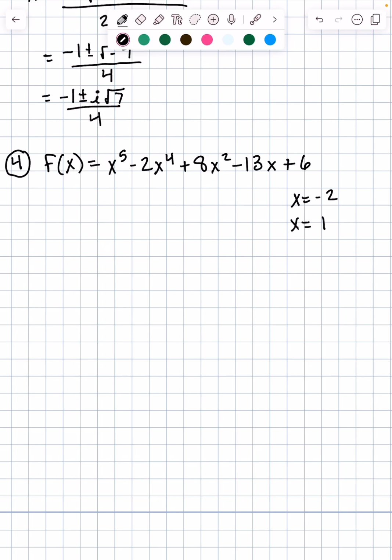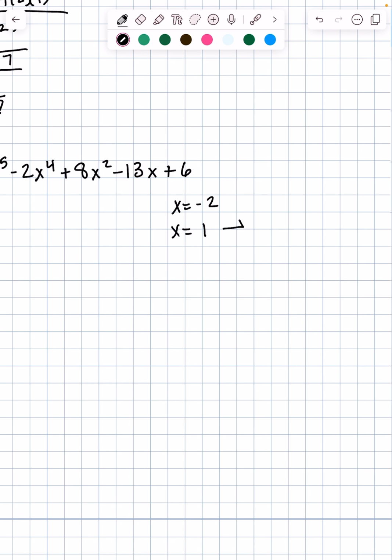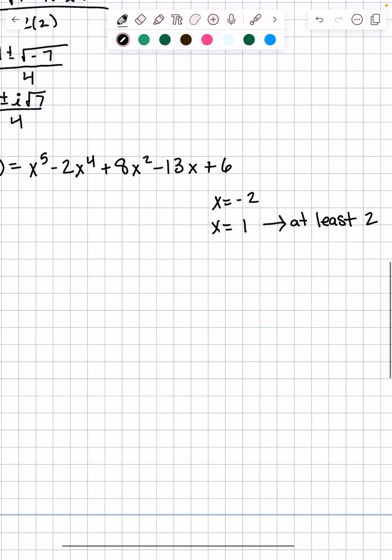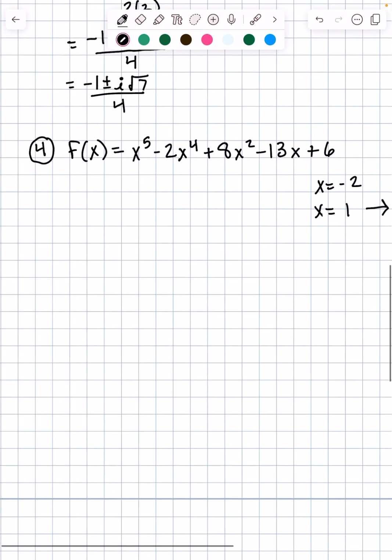Let's make a little note here. We don't know this yet, how many, but at least twice. Could be 4, could be 2. Can't be 6 because we only have 5 solutions, but it could be 2, could be 4.